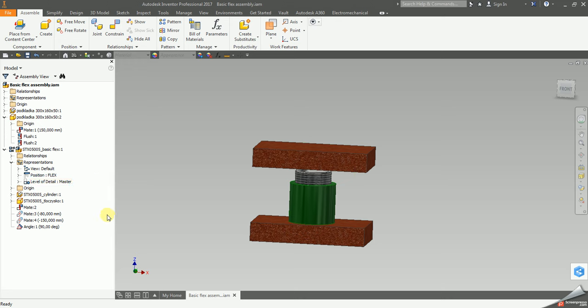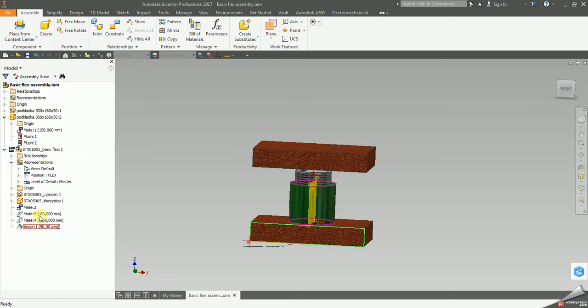So this assembly is constrained to the support. The constraints are done in relation to the cylinder part, so all the constraints involved are using the geometry of the cylinder part itself.